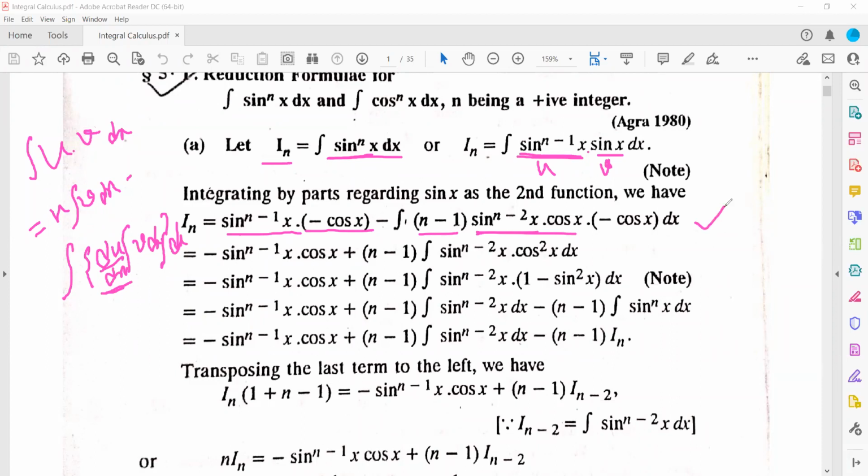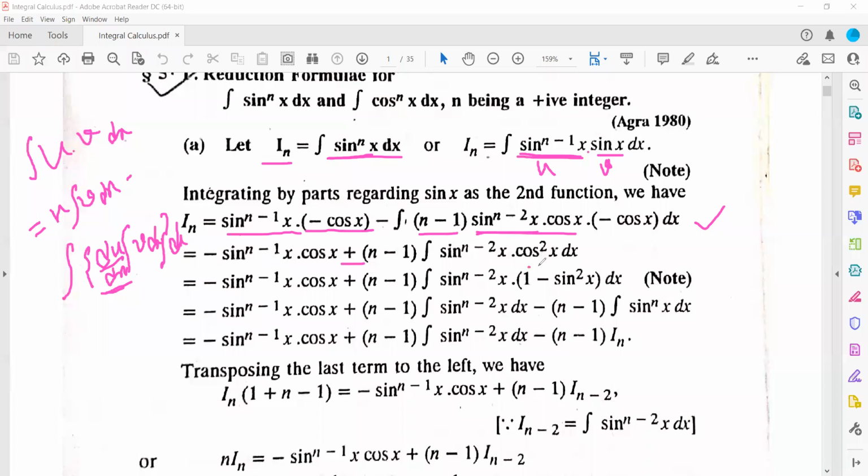Yes, sir. Okay, so this will be minus sin to the power n minus 1 x into cos x plus. Why plus? Because of this minus and this minus sign, if you take it outside, minus minus becomes plus. Then this n minus 1 is a constant, take it outside: integration of sin to the power n minus 2 x into cos x, which is cos square x.